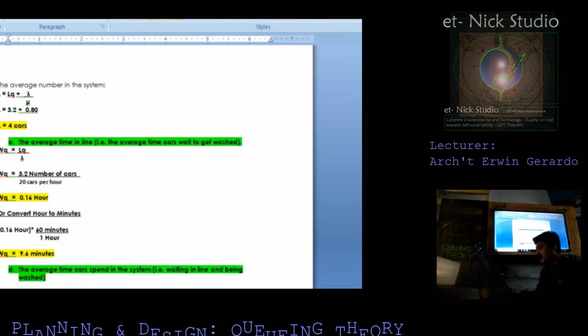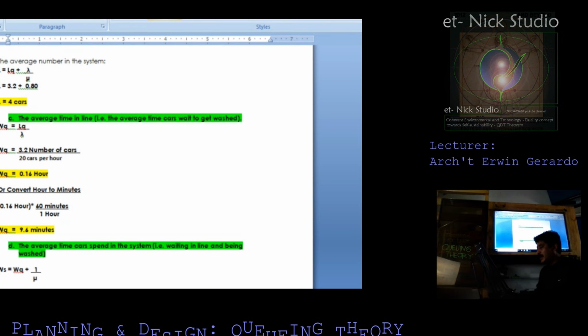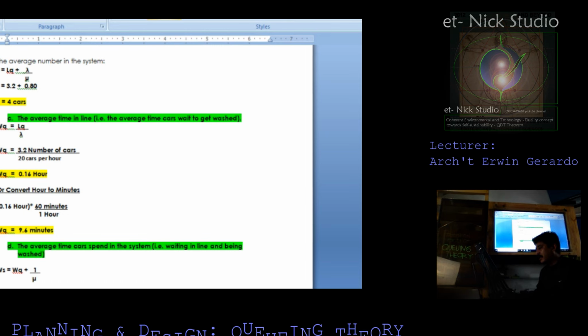So the average number in the system is LQ plus rate, or alpha divided by mu, which is L equals 3.2 plus 0.80. So therefore the average number in the system, waiting in line and being washed, is 4 cars. So letter C is the average time in line, the average time cars wait to get washed.